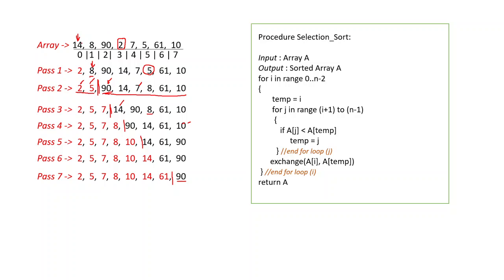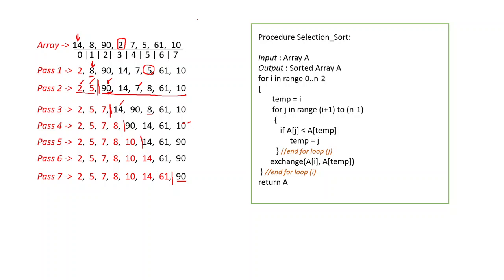So number 1, we need to keep a tab on which position to exchange: at pass 1 we have to point to the 0th element, at pass 2 we have to point to index number 1, and so on. So for that we need one variable, and also we need to find out the smallest element among the unsorted part of the array, and for that we need to consider a loop which will make comparisons to find which is the smallest element.